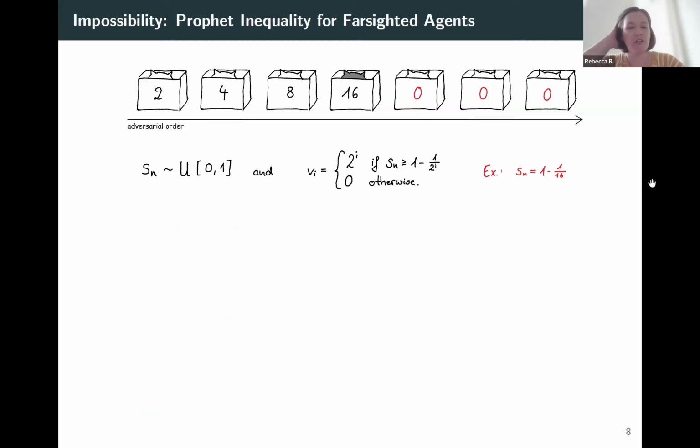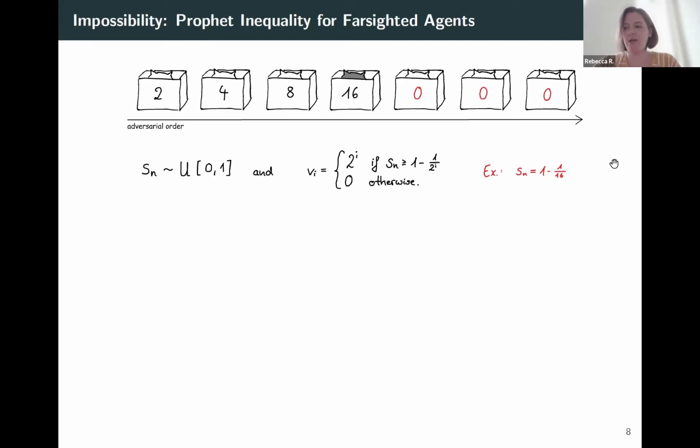The others are just going to have a value of 2 to the i if the signal of the last buyer is more than 1 minus 1 over 2 to the i, and 0 otherwise. So what this gives us is, as in the picture, a sequence of values that start with like 2, 4, 8, 16, and so on, and then go up until some point in time where they completely drop off, and from then on it is all 0.